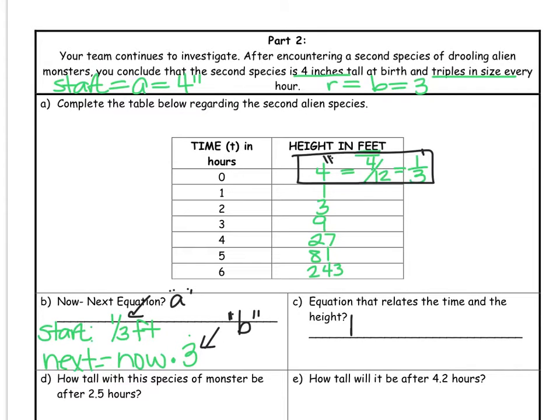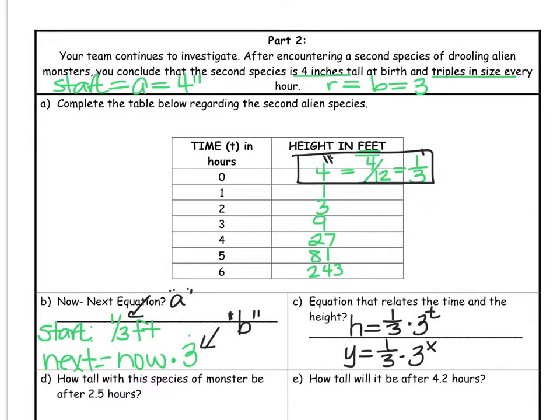So if we want to know the height of the monster, it started out as 1/3 foot. It's tripling every hour, and we're going to let t equal time. If we wanted to write that as a y equals, same thing, 1/3 times 3 to the x. We could write it like that as well.